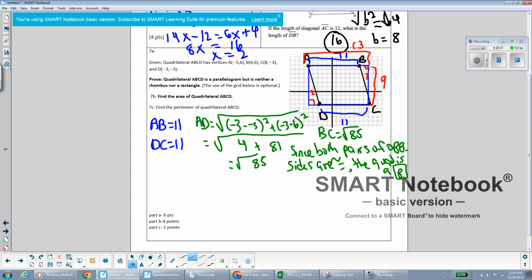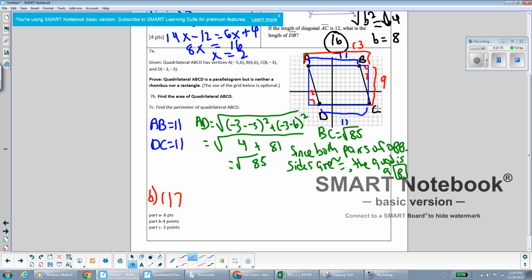Let me just double check that. 1, 2, 3, 4, 5, 6, 7, 8, 9. So that's 9 units. So in order to find the area of the whole box, I'm going to multiply the length times the width. So that is 13 times 9, and I get 117 for the whole. So let me make a spot for me. And my whole is 117, my length times width of the entire box.